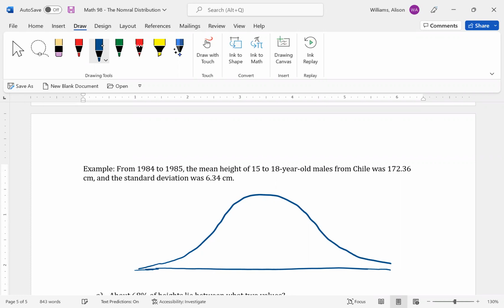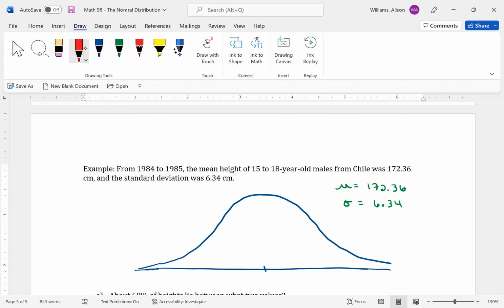The middle value is the mean, and I'll use mu. Mu equals 172.36. And the standard deviation, sigma, is 6.34.